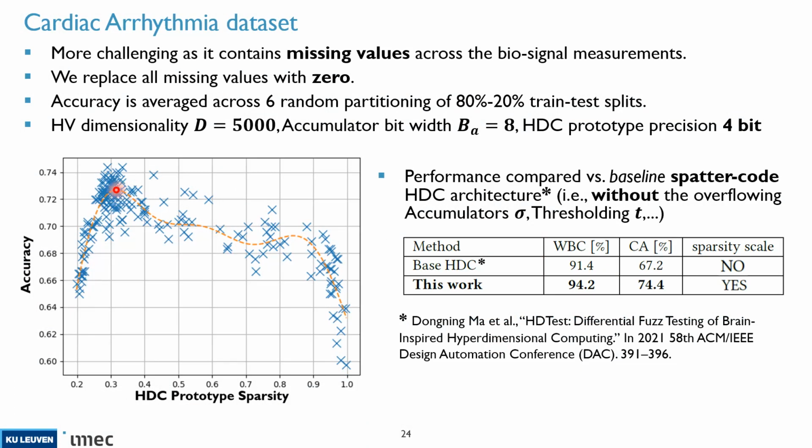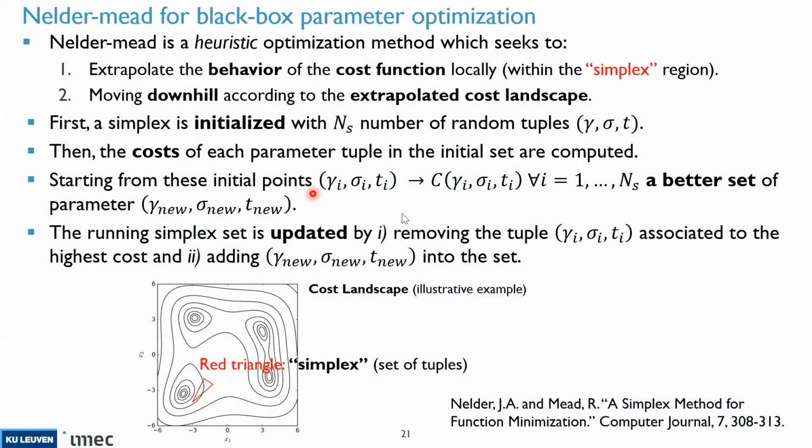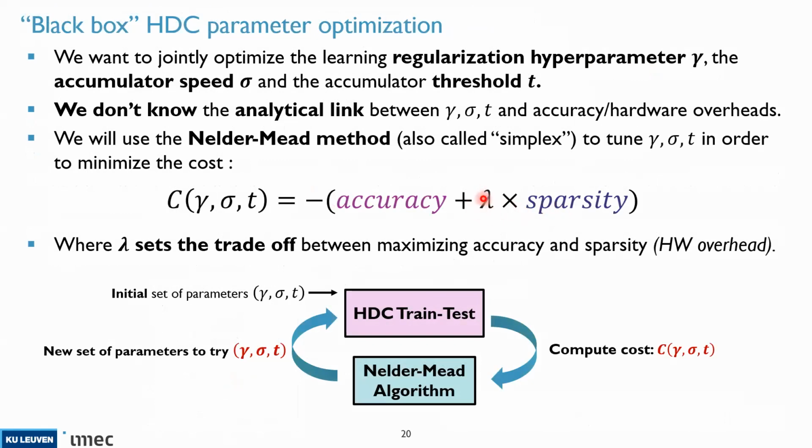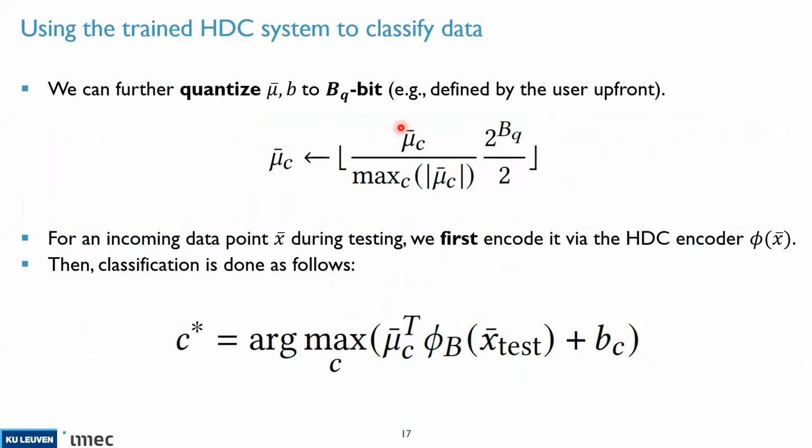Actually, why does this curve come up first? Yeah, that's because when you set lambda, which is the parameter that sets the balance between accuracy and sparsity, to 0, that's where you are maximizing accuracy. But it turns out that if you just want to maximize accuracy, you naturally get a certain sparsity in the hypervector itself. The sparsity comes from the fact that the weights are quantized. Don't forget that we have a quantization happening, which pushes some weights to 0.